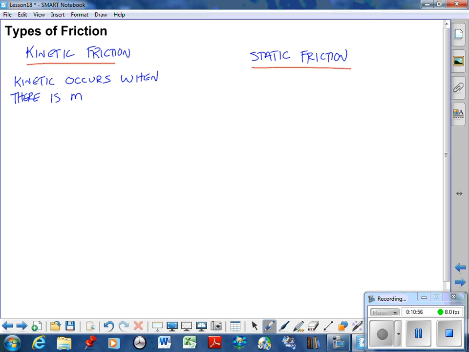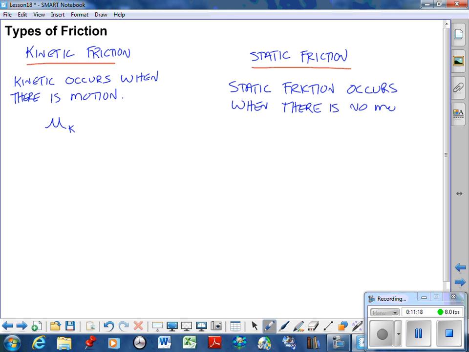And we go with mu k to indicate kinetic. Static friction occurs when there is no motion. And we use mu s to indicate that.